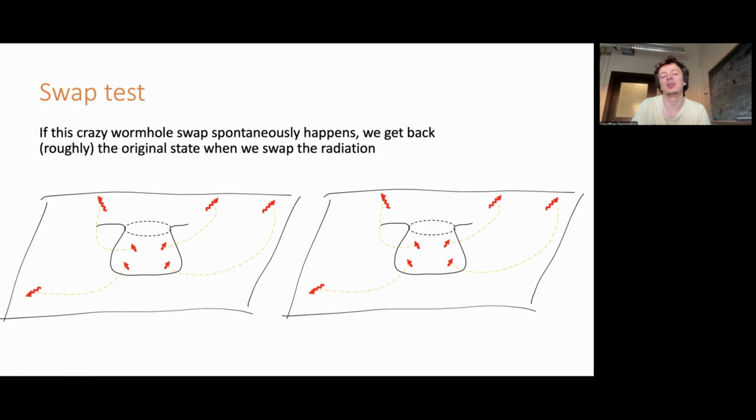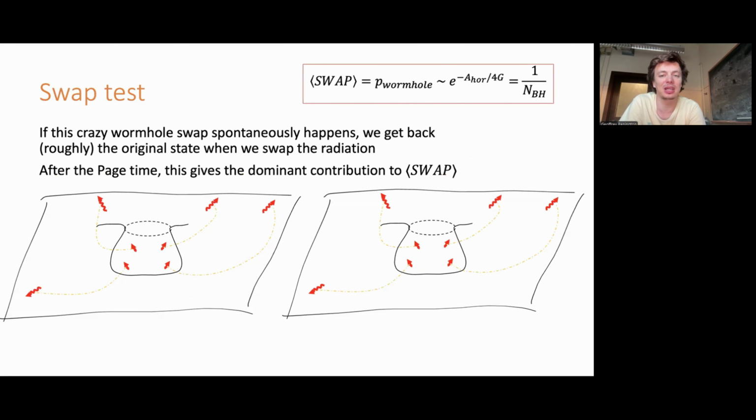So if this wormhole happens to form, then we end up with the swap just taking of the radiation, just taking us back to the original state. And so we get that the expectation value would be 1 if the wormhole forms.